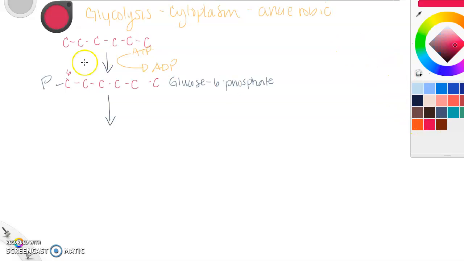So during this phase in glycolysis, which is the energy consumption phase, we have a phosphate on the 6th carbon from the glucose 6-phosphate, we converted that into fructose 6-phosphate, and then added another phosphate to it. This molecule is called fructose 1,6-bisphosphate.